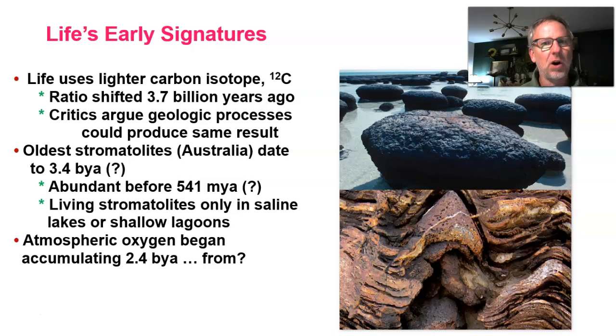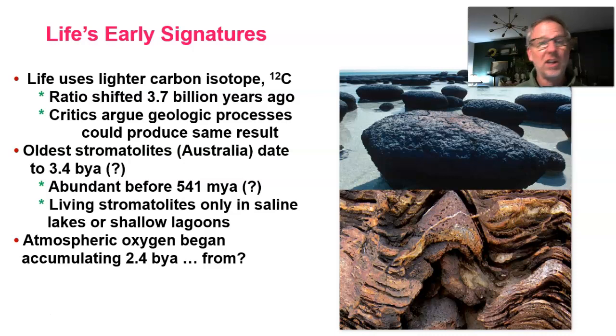If they're rich in carbon-12, then we might be seeing signatures, biomarkers, if you will, for life. So the ratio did shift 3.7 billion years ago. So it's suggestive that life may have been around then to shift that ratio. But the good thing about science is that people are skeptical until evidence accumulates.